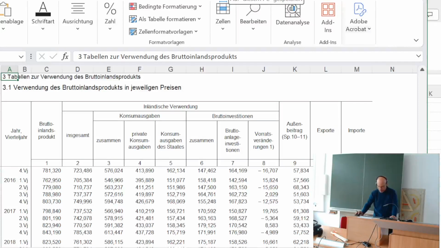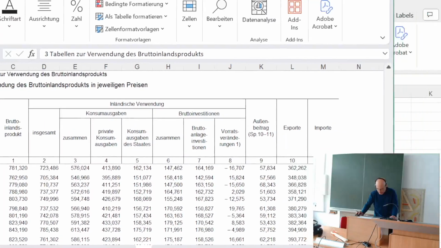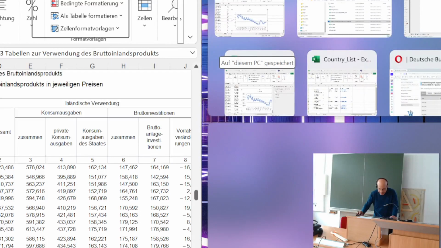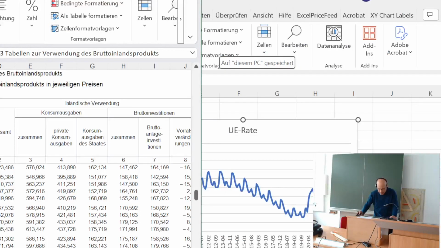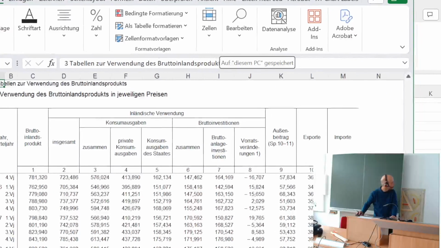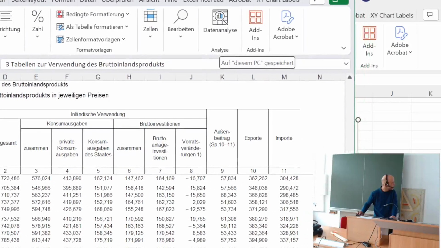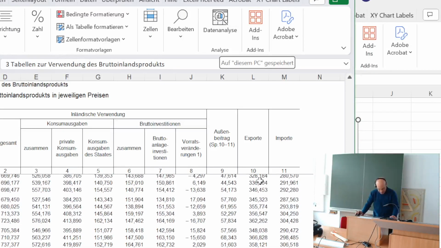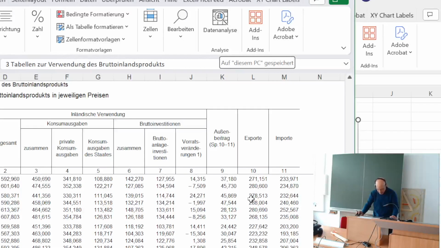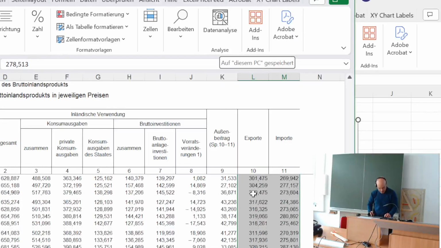And here we have, do you see this? Yeah, on the right, exports and, no, more to the right, that you can see the numbers here. So then we want to start also at 2008. So let's just take these numbers here.